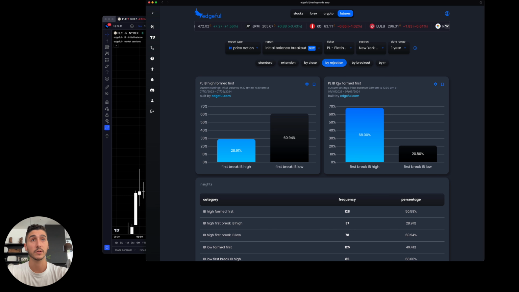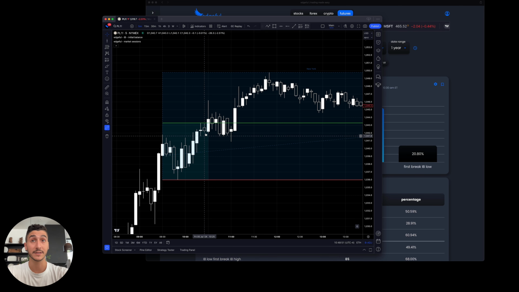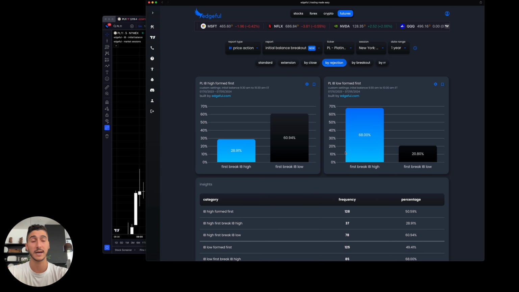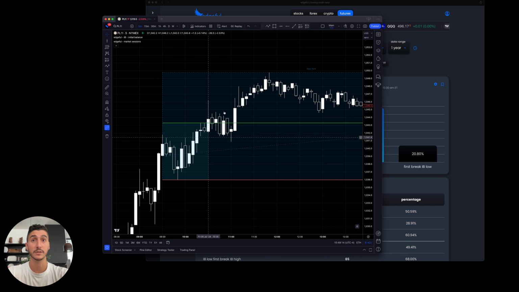So in that case, you want to look at the low formed first, and you can see that almost 70% of the time, price will break out to the top side, which is what happened on this day, when the low is formed first, because typically that means price comes down and then comes back up, and then you can expect more continuation higher. So you can expect price to move upwards because almost 70% of the time in the last year, price has broken out to the top side first when the low is formed.